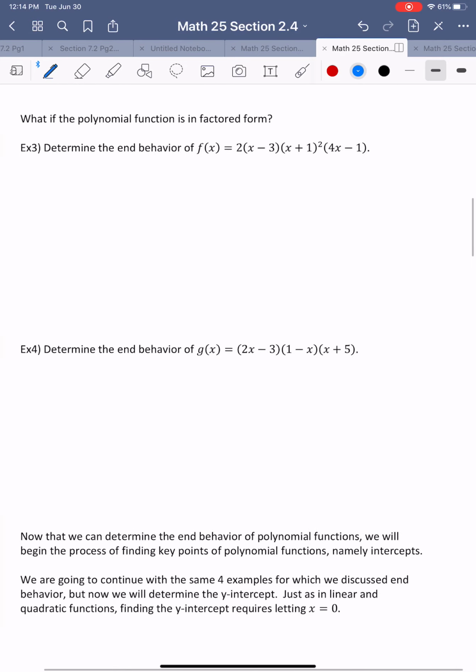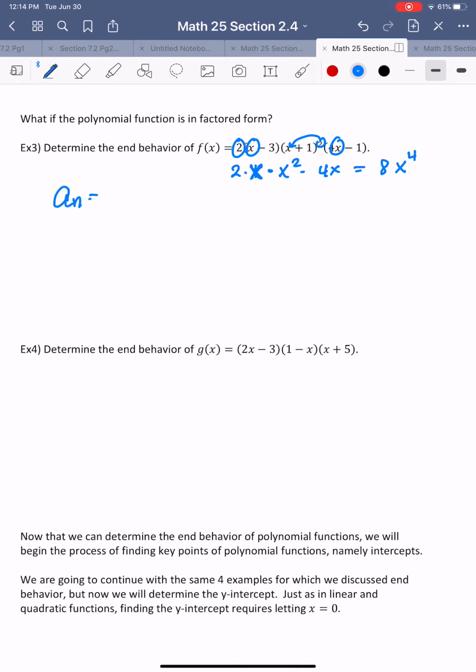What if the polynomial function is in factored form? So determine the end behavior, but we need the leading coefficient, right? So we take the 2, we take the 1x, and then from here there is a square, so you square the x to get x squared, and then you have 4x here. Multiply all together, and I get 8x to the 4.